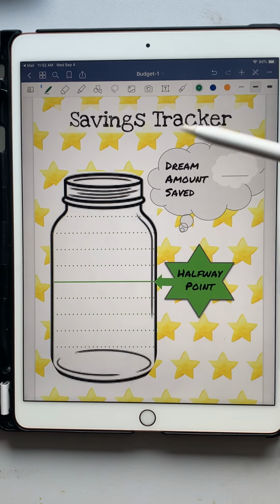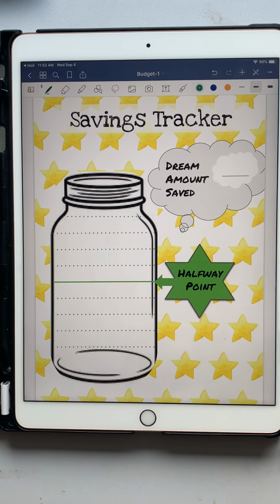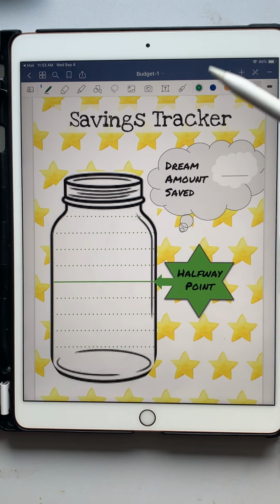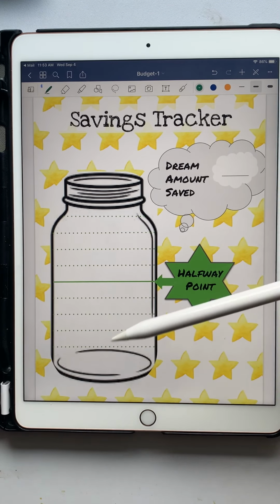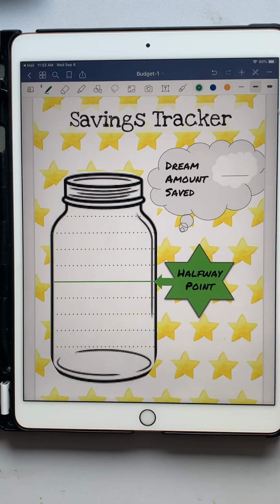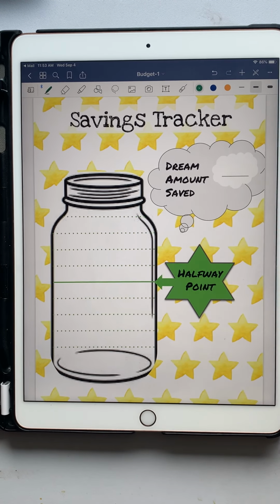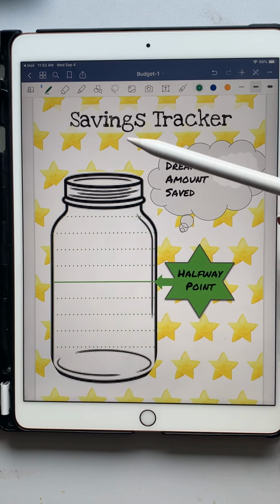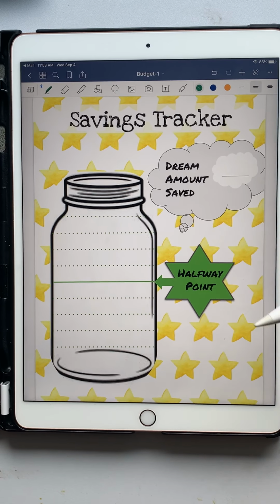Our other tracker is a savings tracker. So this is in the grand scheme of things. You want to keep track of how much you're earning towards spending towards something. So maybe this is your college fund savings, or maybe you're saving up to buy a car, or it doesn't even have to be something big like that.